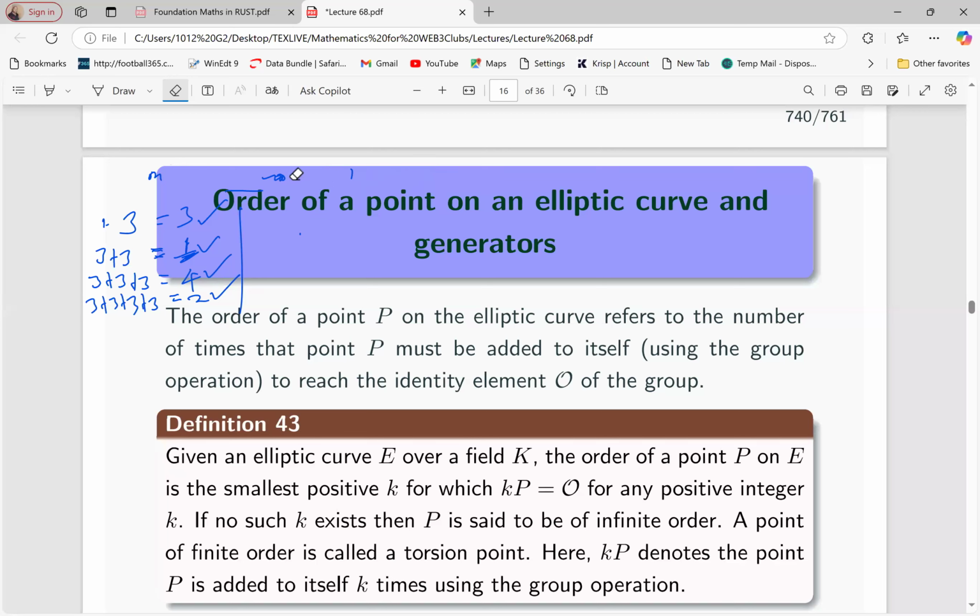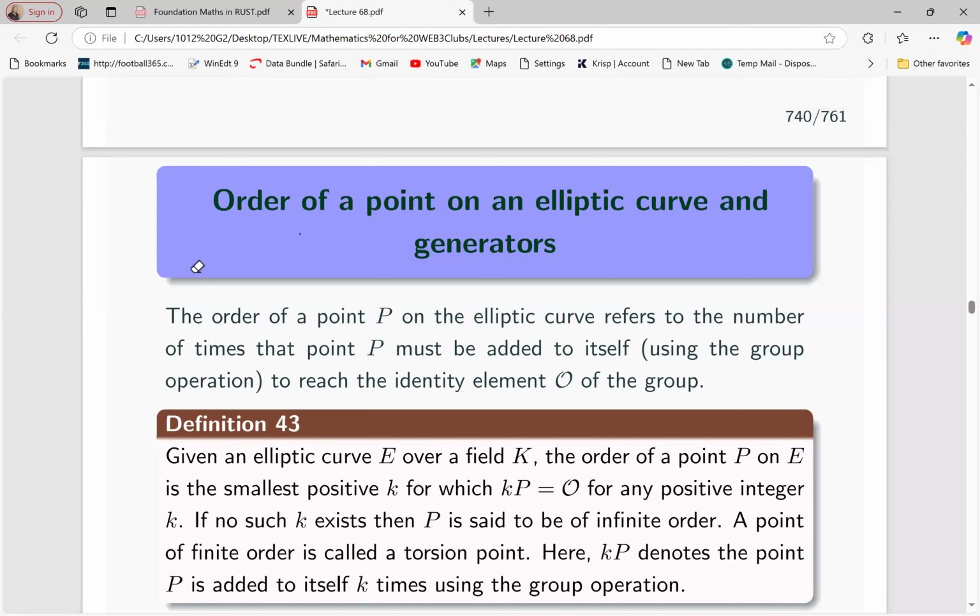By a generator of the elliptic curve, we mean an element of the elliptic curve that would generate all the other elements. Not all elements are generators. Just a few of them become generators.